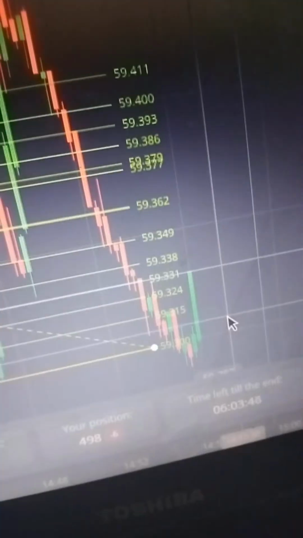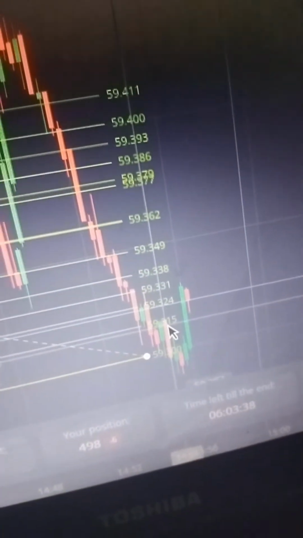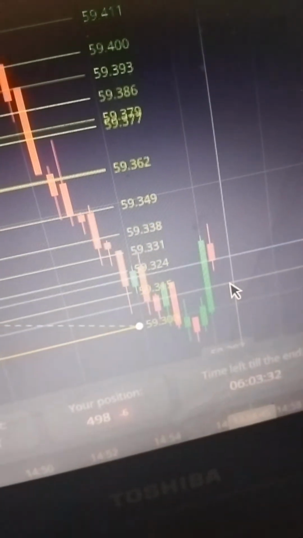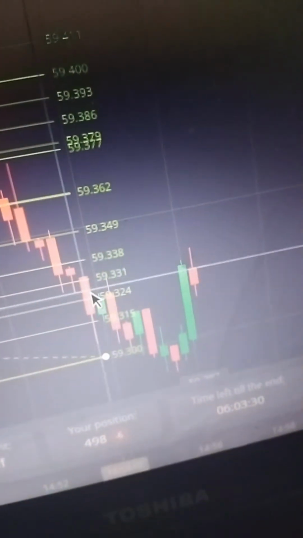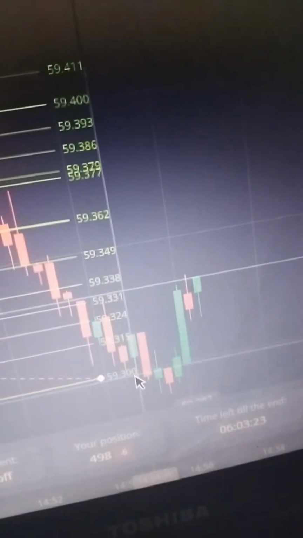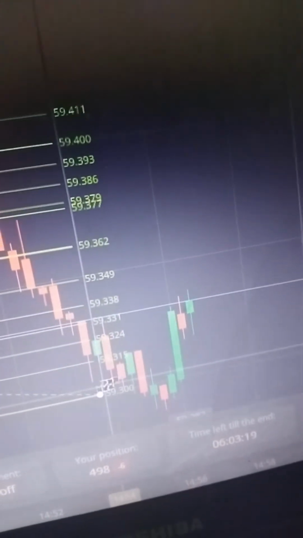So here we have a swing high. Let me zoom in on this one. Yep, I would be using this one as this is more prominent. Swing high broken. There was a liquidity down there.